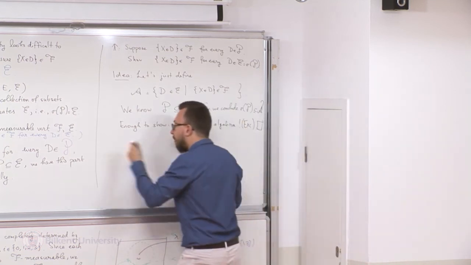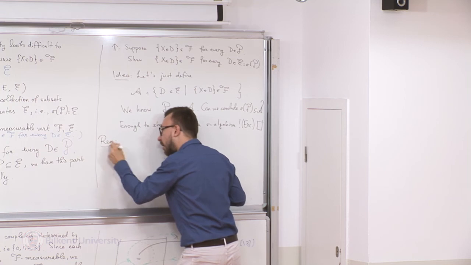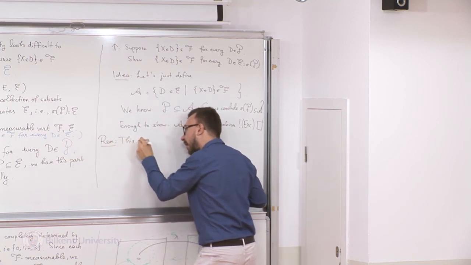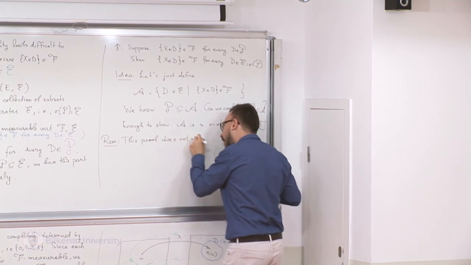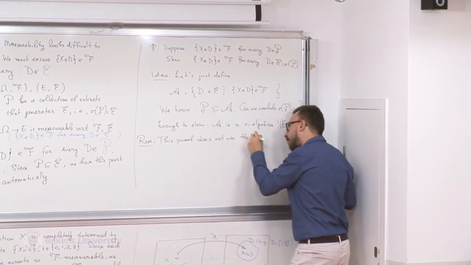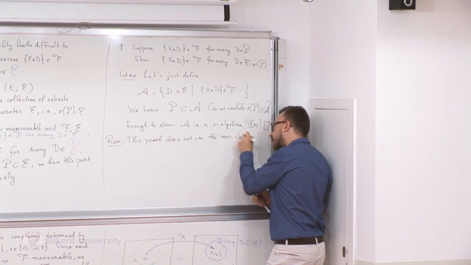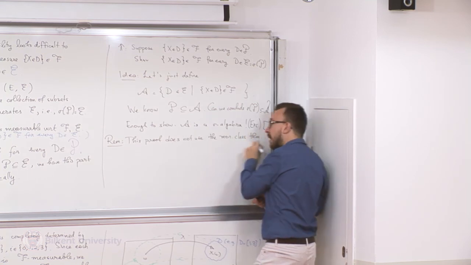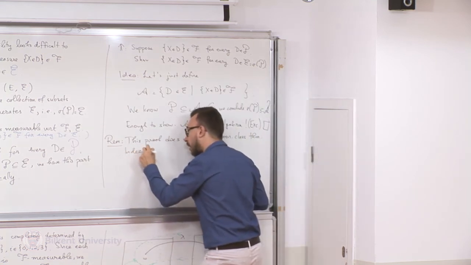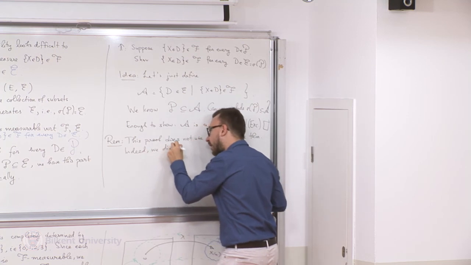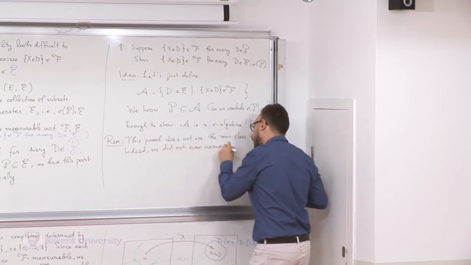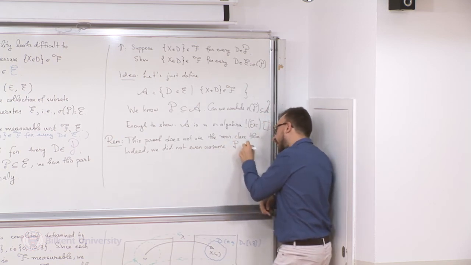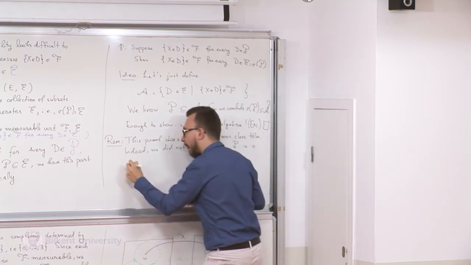Let me put it as a remark. This proof does not use the monotone class theorem. Indeed, we did not even assume script P is a pi system.